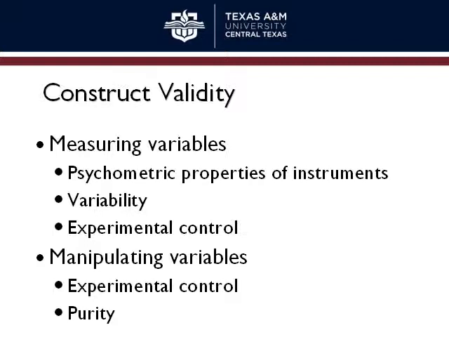But it's often hard to manipulate just one thing, right? So when we try to manipulate an independent variable, it often has an impact on other constructs other than the one or ones that we intend. So you've got to look at their study and say, was that the case when they did it? What's the probability that happened?